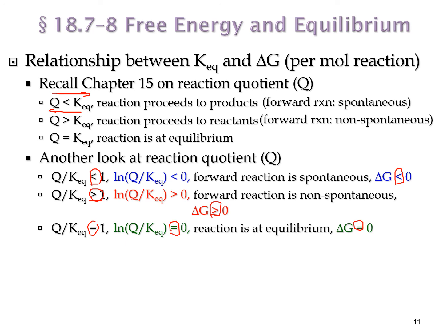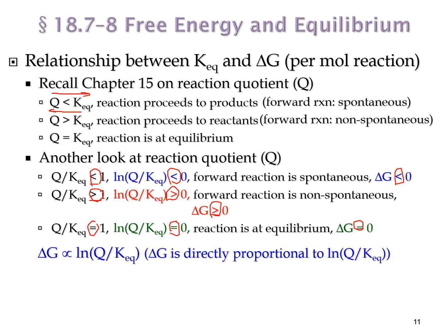Now we realize that if the log is less than 0, delta G is less than 0. The log that's greater than 0, delta G is greater than 0. If the log equals 0, delta G equals 0. That is perfect for us to draw the conclusion that delta G is directly proportional to the log of Q over KEQ.